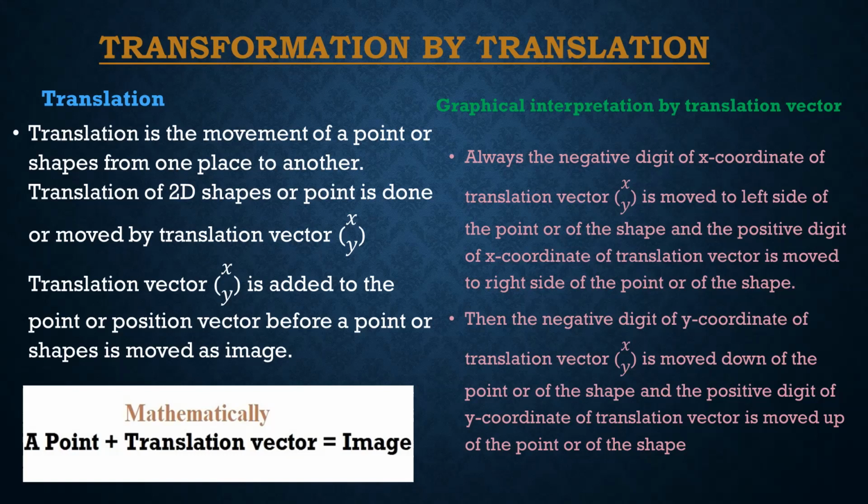And a negative y coordinate of the translation vector moves the point or shape down, and a positive y coordinate of the translation vector moves it up. So if the y coordinate of the translation vector is negative, you move down on the y-axis.